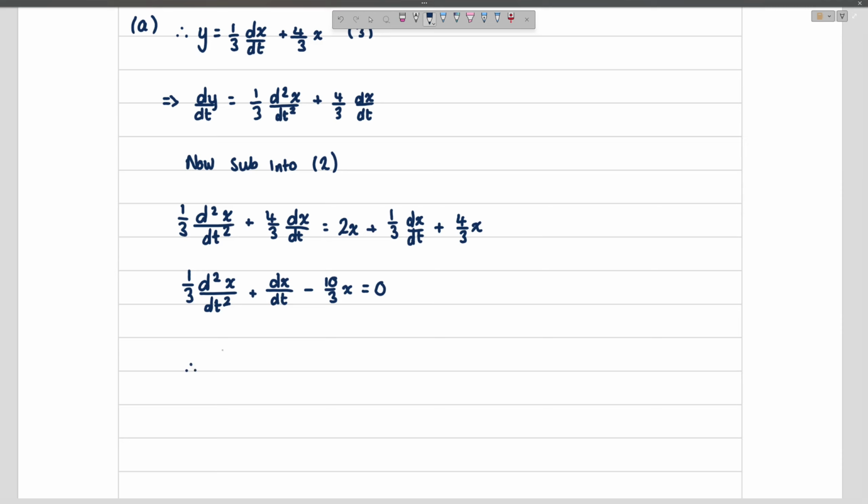And therefore, what we get is d squared x over dt squared plus 3 dx by dt minus 10x is equal to 0, exactly as we require. So as required there, and there we have it then. So that gives us the solution to part A.